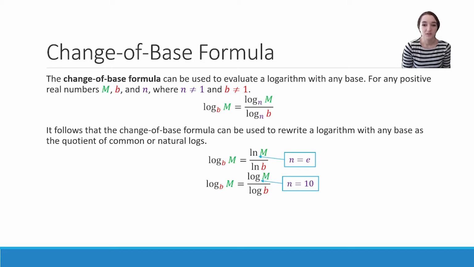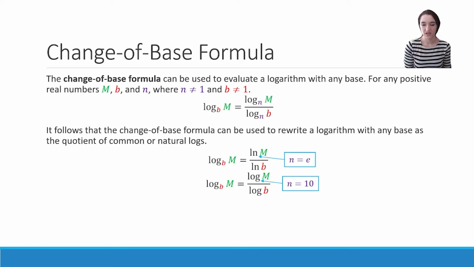But log base b of m is simply equal to natural log of m over natural log of b. Log base b of m is also equal to common log of m over common log of b. All I've done is replace the n's with e or 10. So why is that helpful? What's nice about this property is that not every calculator has an easily accessible log base b where I can change the base.